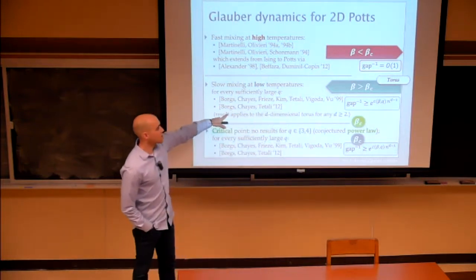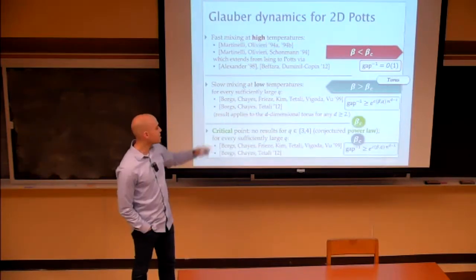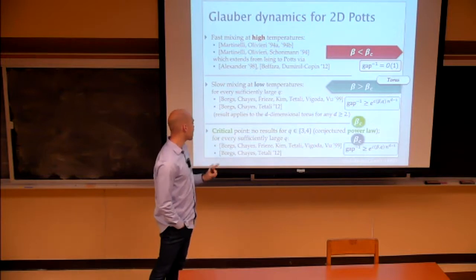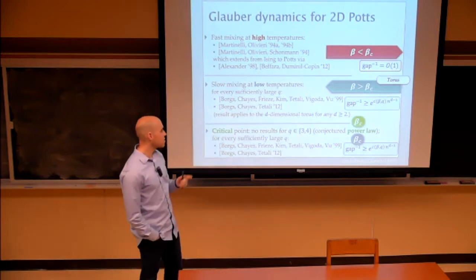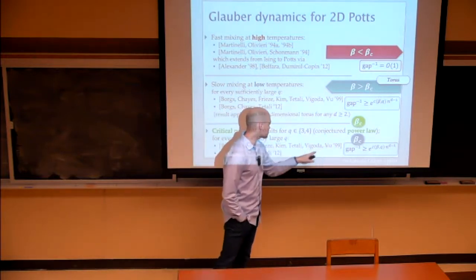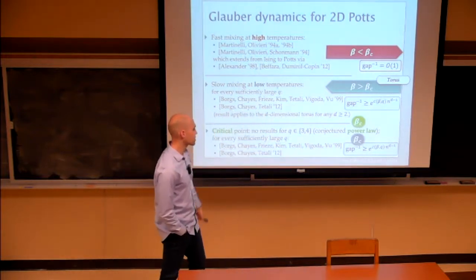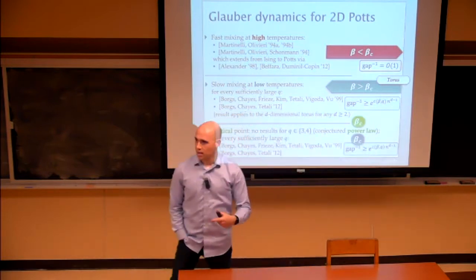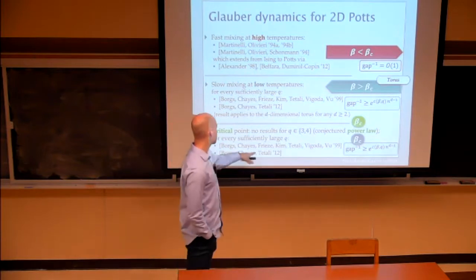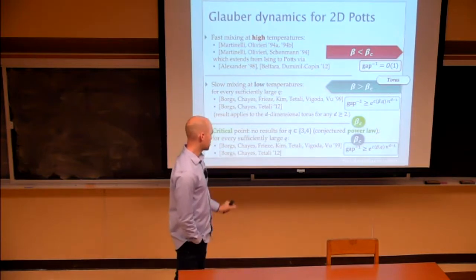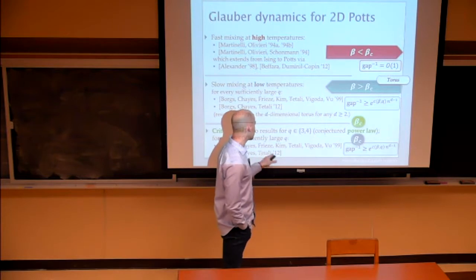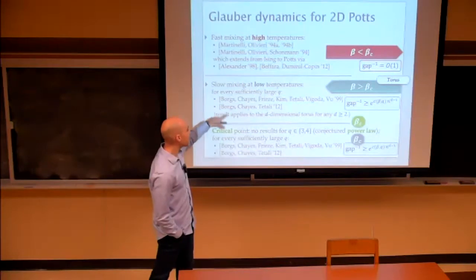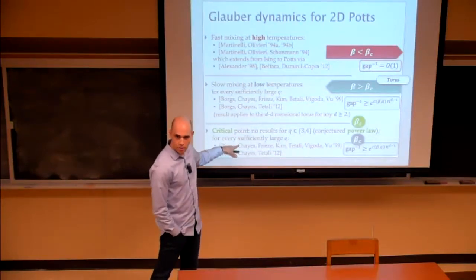And similarly, at criticality, if Q is large enough, there's this paper by Borgs, Chayes, Frieze, Kim, Tetali, Vigoda, and Vu. Later, a subset of the authors improved it. They had an extra log in the exponent in the first paper that Borgs, Chayes, and Tetali removed with a very delicate analysis. In any case, at the critical temperature, the result applied only for very large Q.